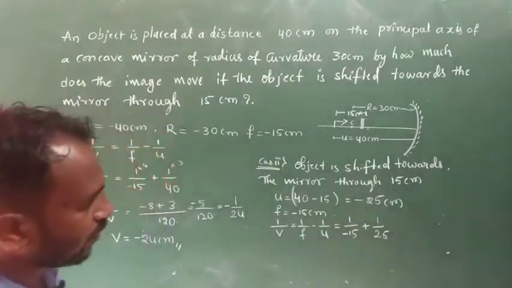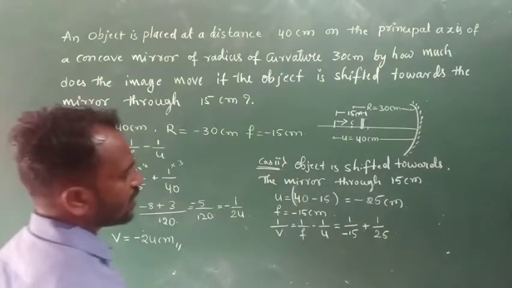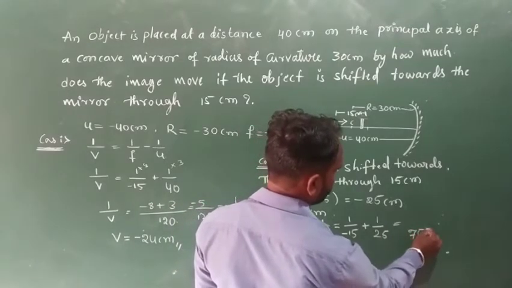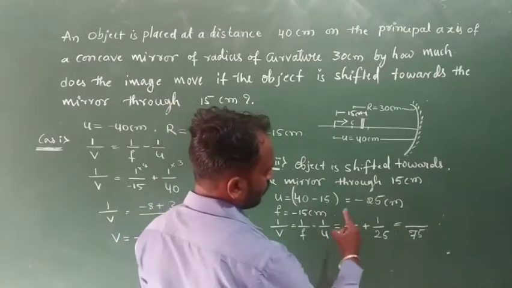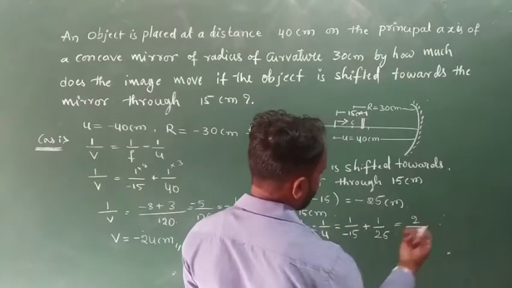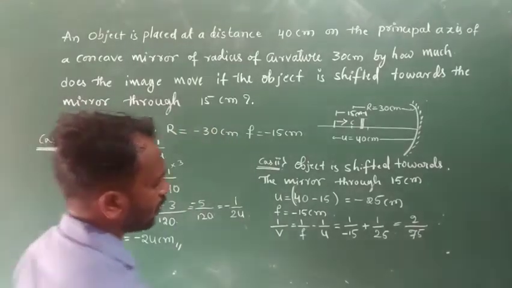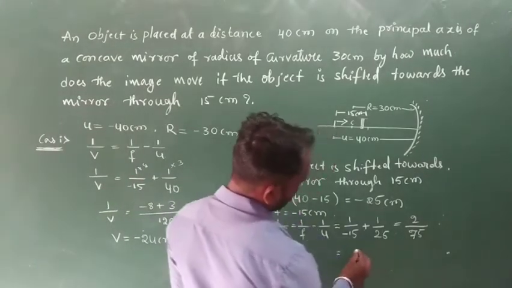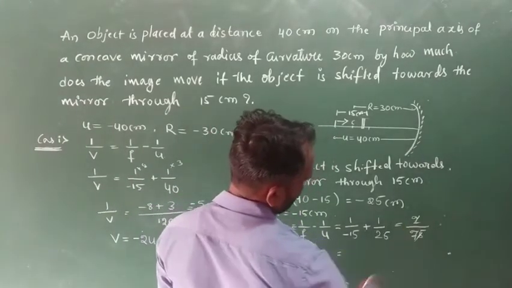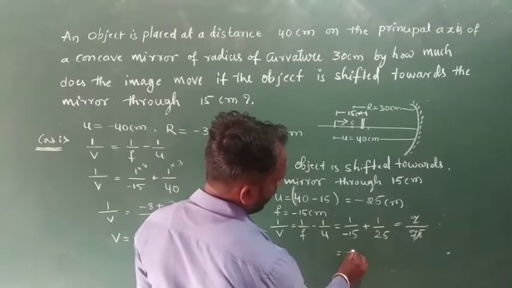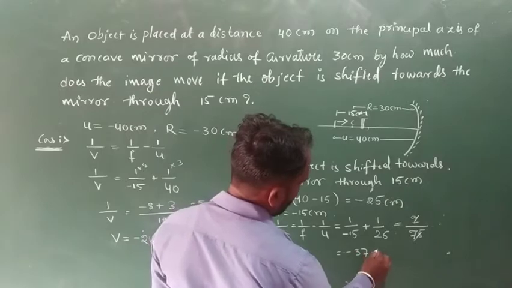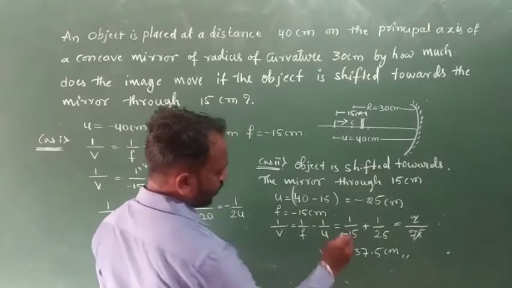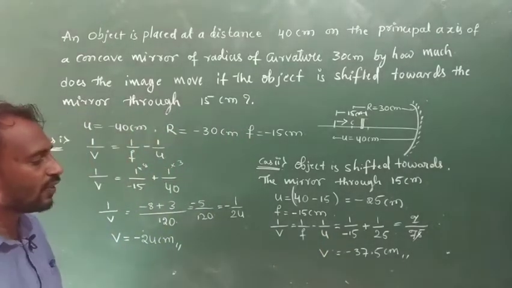So 1 by minus 15 plus 1 by 25, here we get 2 divided by 75, whose value is 37.5 centimeter.